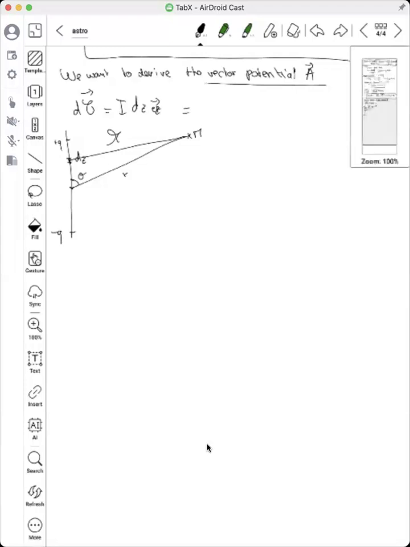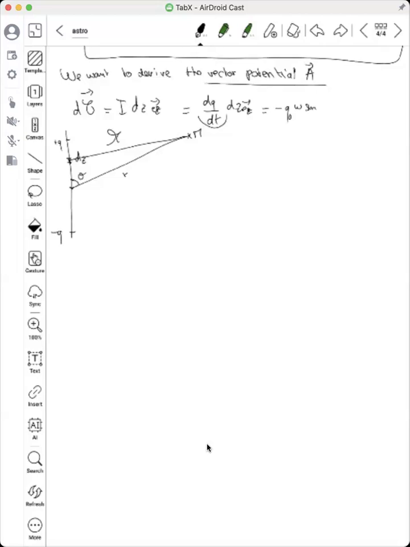I is equal to what? To dq over dt, right? And this I know how to write, because I know the expression of Q. So this is minus Q0 omega sinus omega t Ez dz, right?